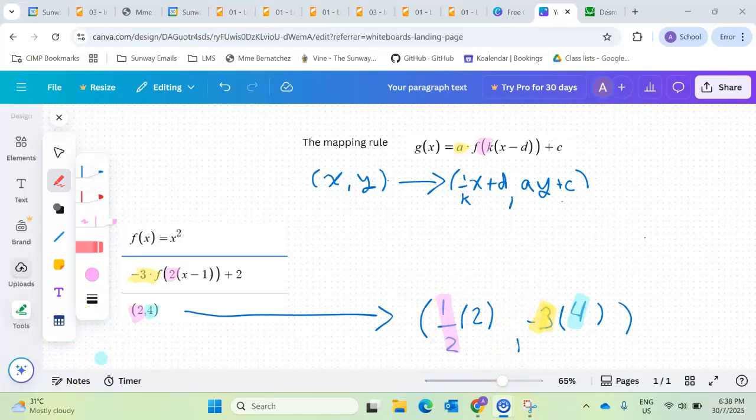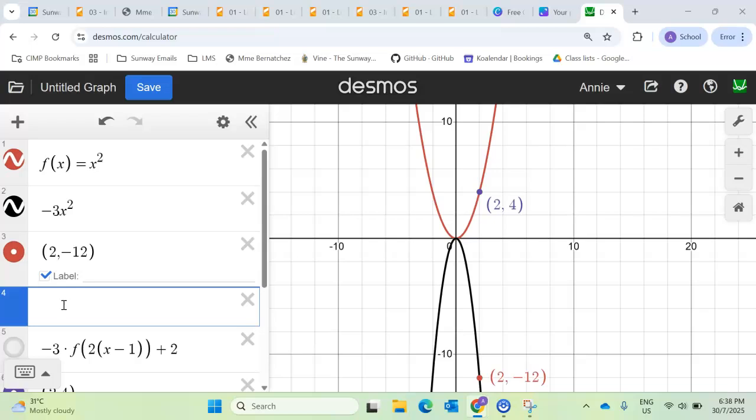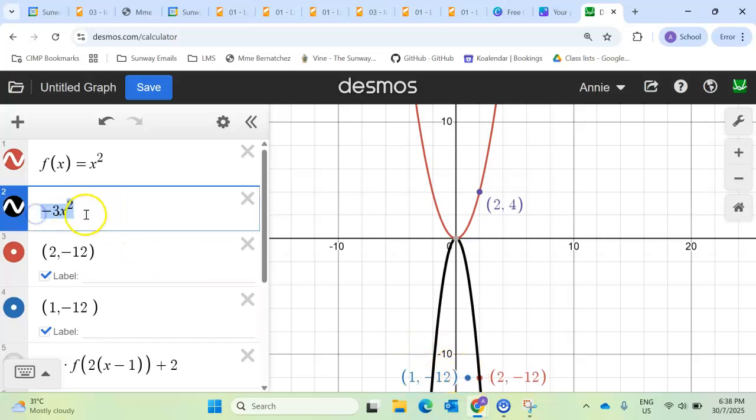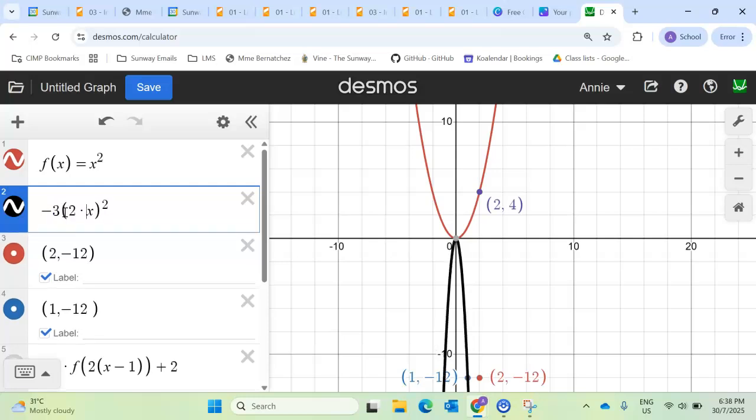So if you go back to the graph, instead of the point 2, minus 12, I'm going to type in what we found: 1, minus 12. So for the fixed value of minus 12, what happened to the point? That's the coordinate here. Now I've just done the next transformation, which was this multiplication factor of 2 here.